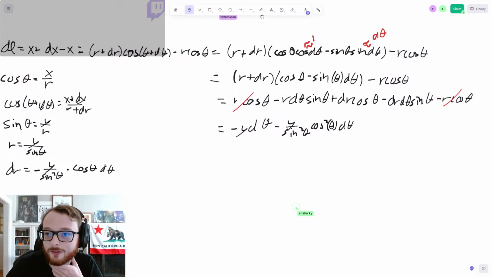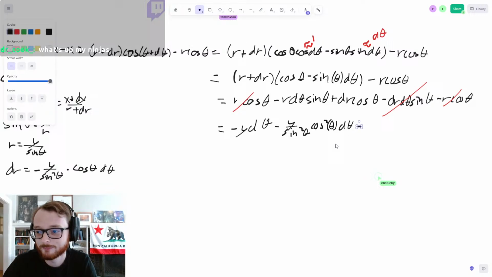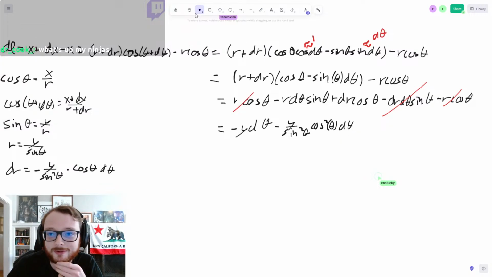And then dr d theta sine theta, well, that dies. Too many differentials. Oh, you know what? Square differentials die. Okay. I won't question it.